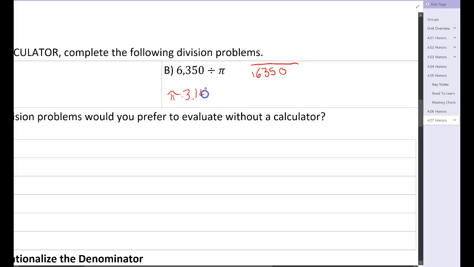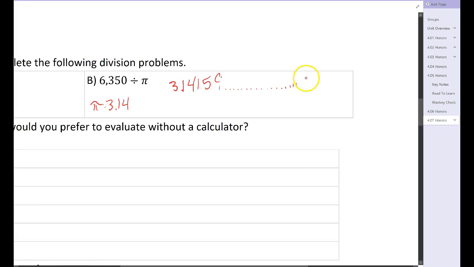So in order to do this division, I'm going to have to write this thing out. 3.14159, and hopefully you see pretty quickly that that doesn't make much sense. I'm going to try to write all of the digits of pi, and once I'm done writing all the digits of pi, then I'm going to write 6,350.